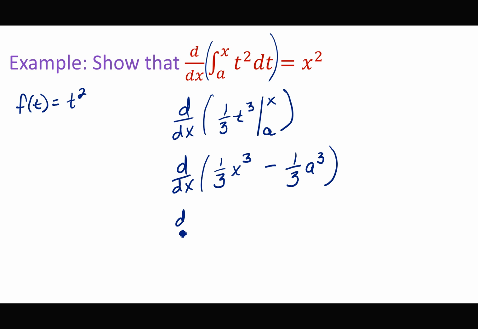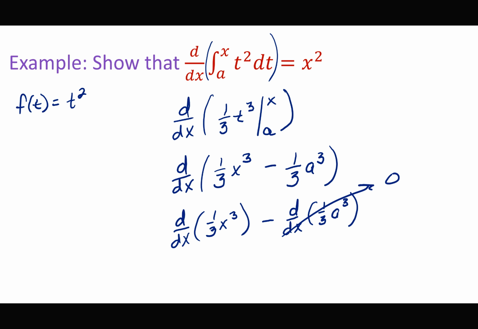My derivative rules say I can break this apart, so I can take the derivative of 1/3 x cubed minus the derivative of 1/3 a cubed. But again, a is a number, so I'm taking the derivative of some number, and this all goes to 0.